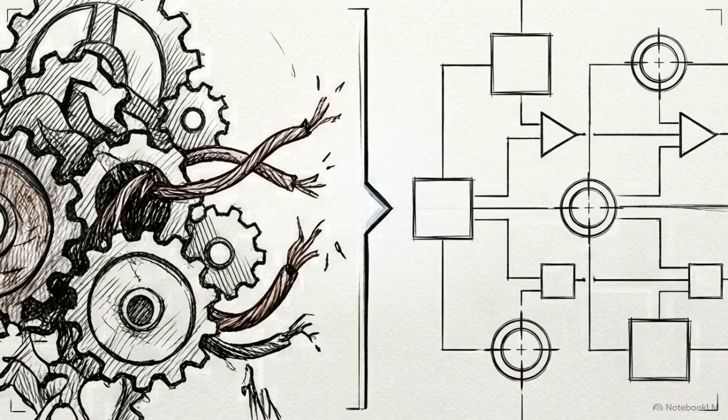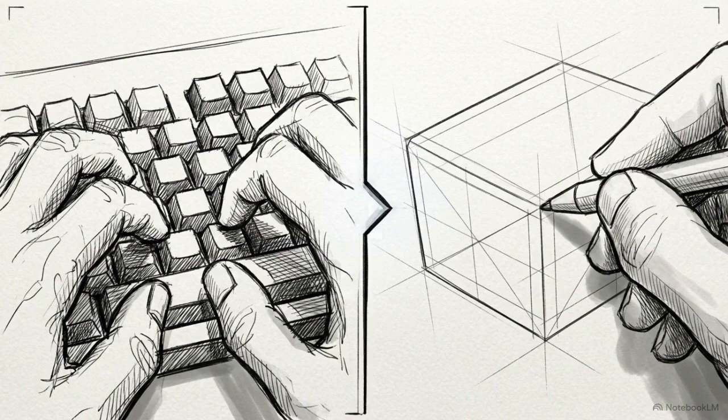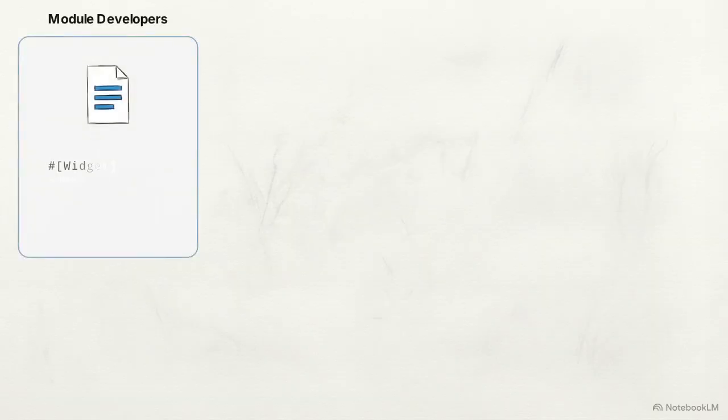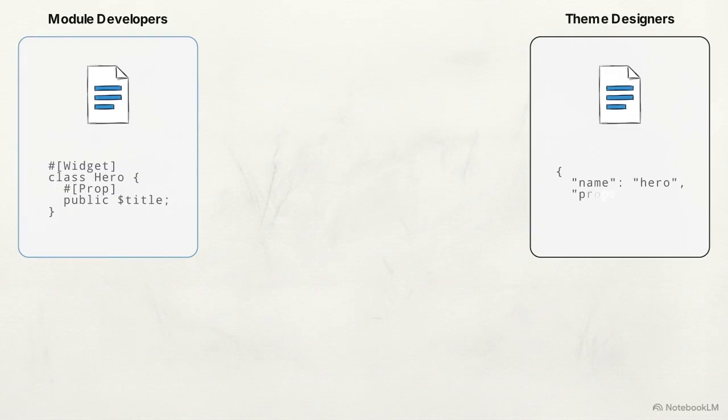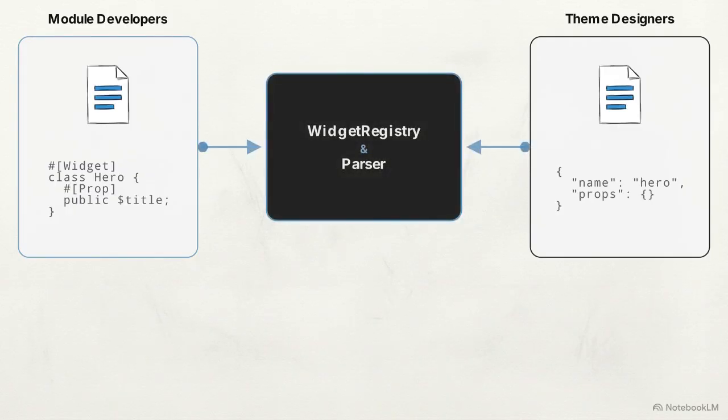A classic engineering problem in CMS architecture is the conflict between 2 distinct user bases: back-end module developers who write PHP and front-end theme designers who write HTML and CSS. In this unified model, back-end developers build components using compact PHP classes with attributes. Front-end designers construct components through declarative JSON manifests, requiring no PHP.